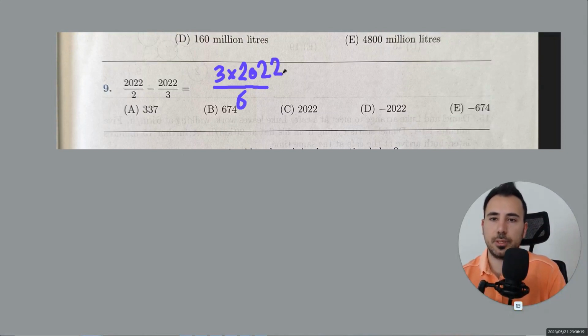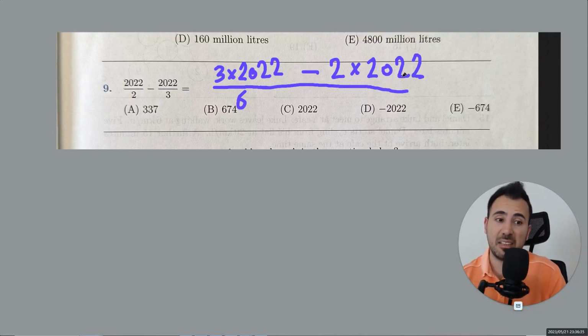So it's going to be 3 times 2022, minus 3 multiplied by 2 times 222. If you multiply them in the test, what is 3 times 2022, and then subtract them, you're wasting a lot of time.